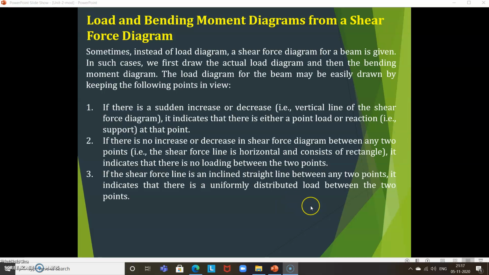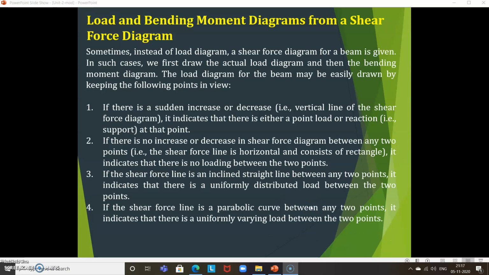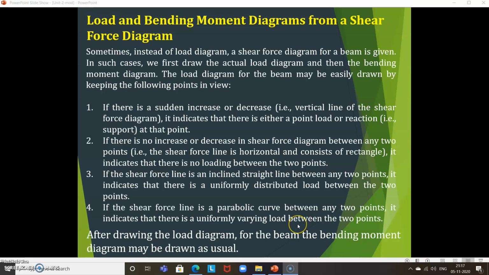Next, if the shear force line is a parabolic curve between any two points, it indicates that there is a uniformly varying load acting between the two points.